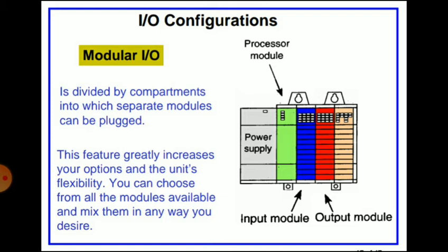You can choose from all the modules available and mix them in any way you desire. In a fixed input output module, the IO terminals cannot be changed, whereas in a modular system, there are several compartments into which the IO module can be plugged.